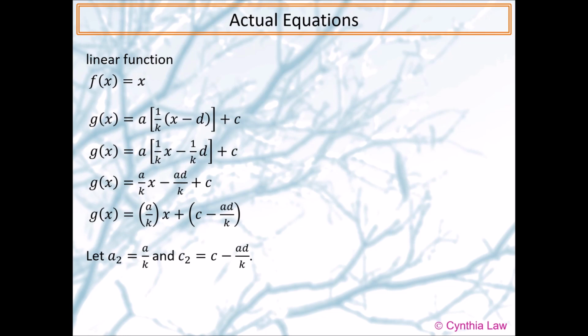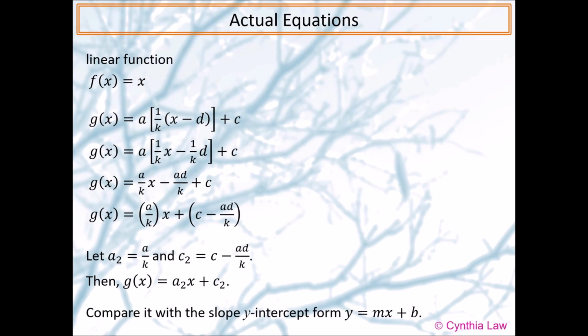Now, let a subscript 2 equal a over k and c subscript 2 equal c subtract ad over k. If I substitute these into g of x, then I get g of x equals a subscript 2 times x plus c subscript 2.